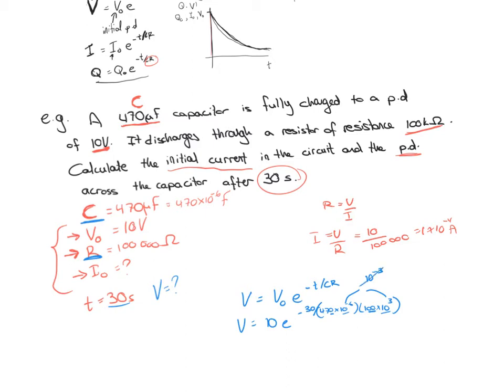You don't have to do that in your head, you can rely on your calculator. So this is my expression. As soon as I put it on the calculator, I get a value of 5.3 volts to two significant figures. So you can see that after 30 seconds of discharging the capacitor, I have 5.3 volts left across it. So the potential difference is decreasing with time in an exponential manner.